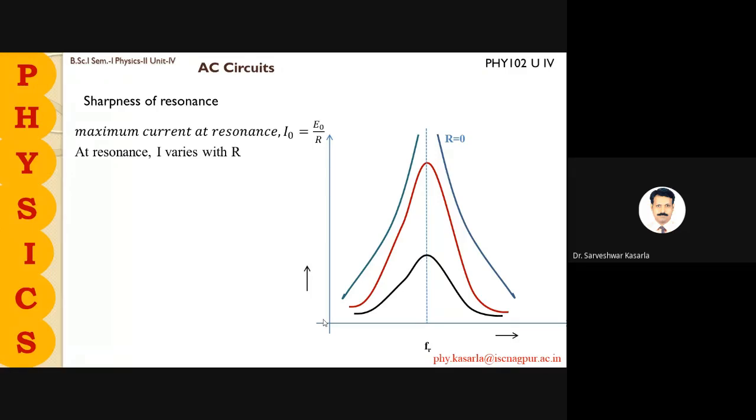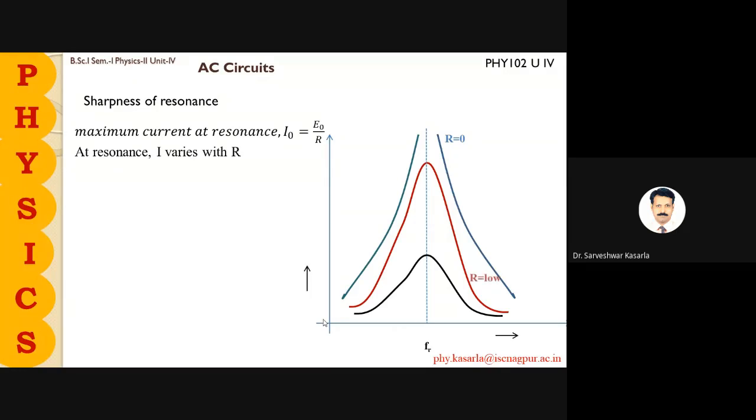The sharpness means how rapidly the current changes at the resonant frequency, how rapidly the current decreases beyond the resonant frequency. So at R equal to 0, the resonance curve is very sharp.